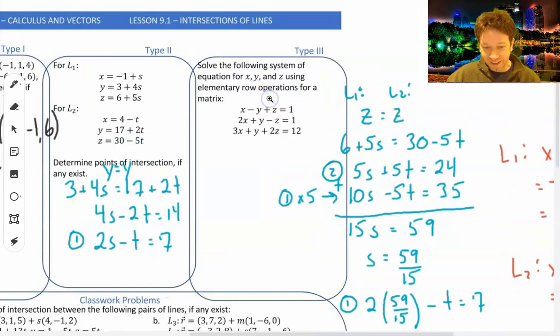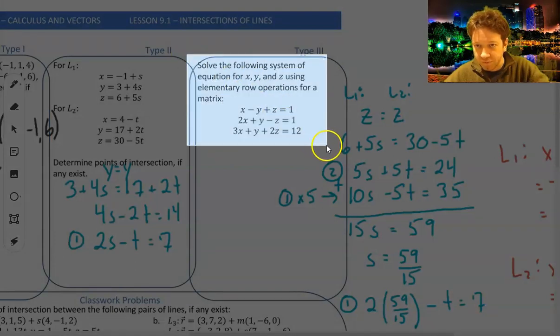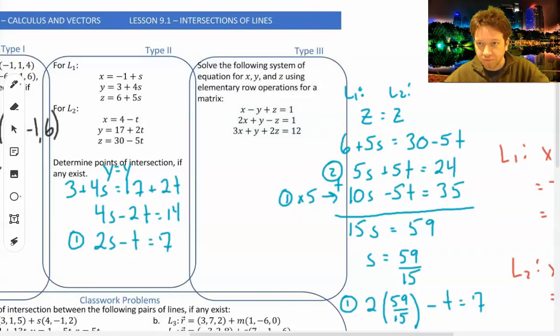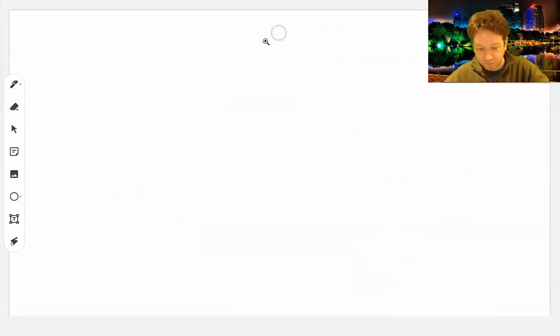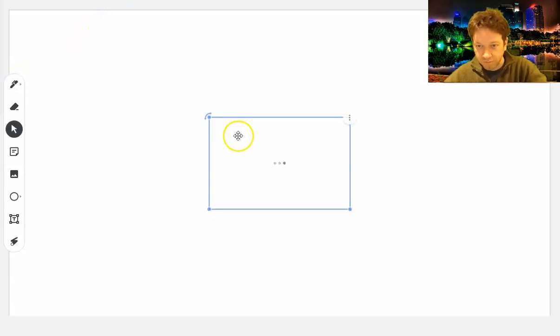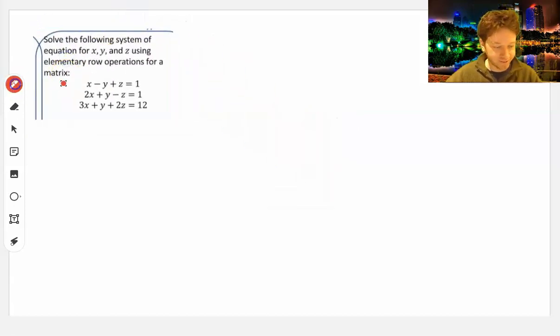So I think I'm running out of space, so let me just copy this and do it on another page. Here we go. So here's our 3 equations. So first step is we need to write them as a matrix.